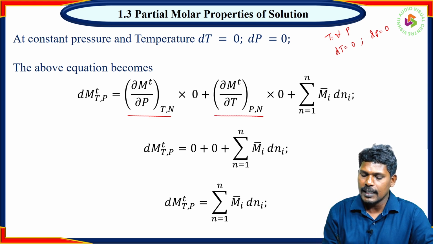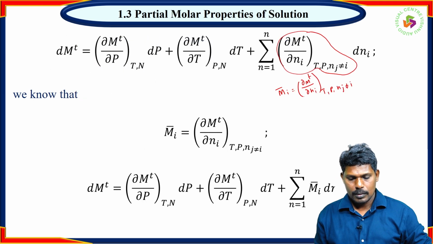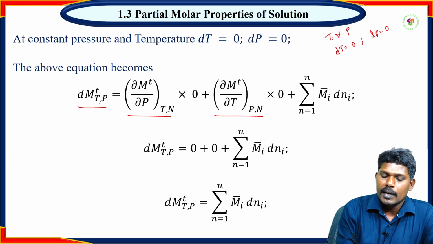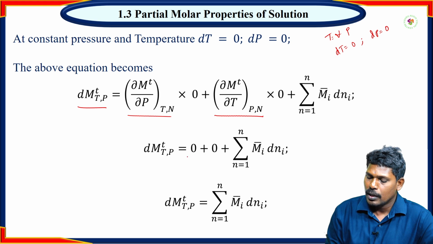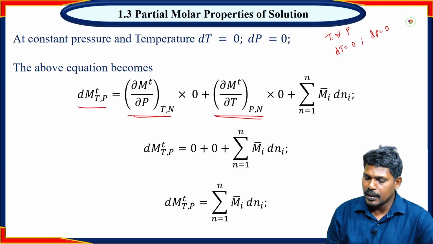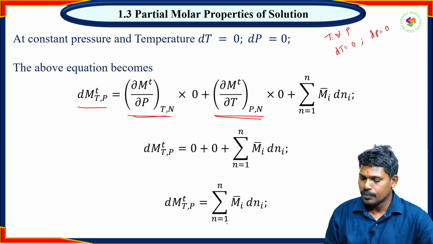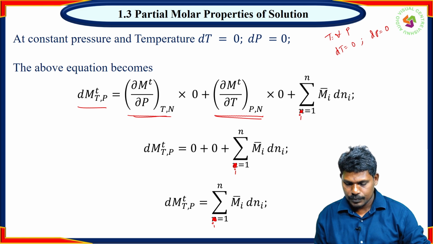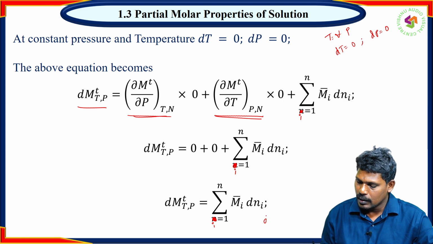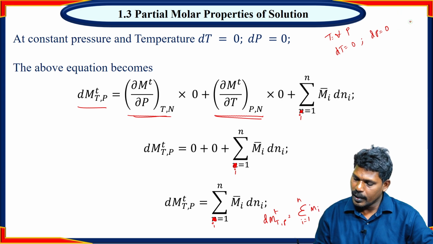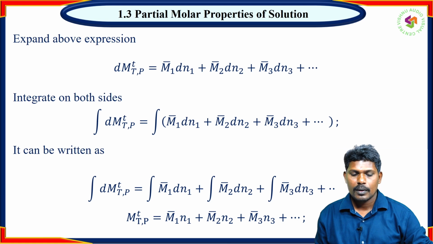So finally we get dMt at constant temperature and pressure equal to the summation from i equal to 1 to n of M̄i dNi. We got this one.